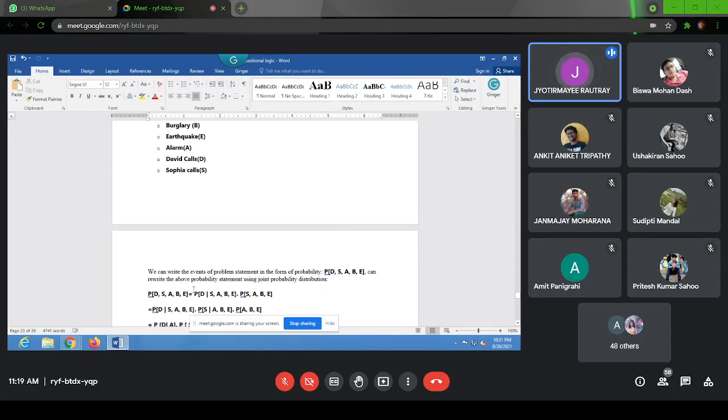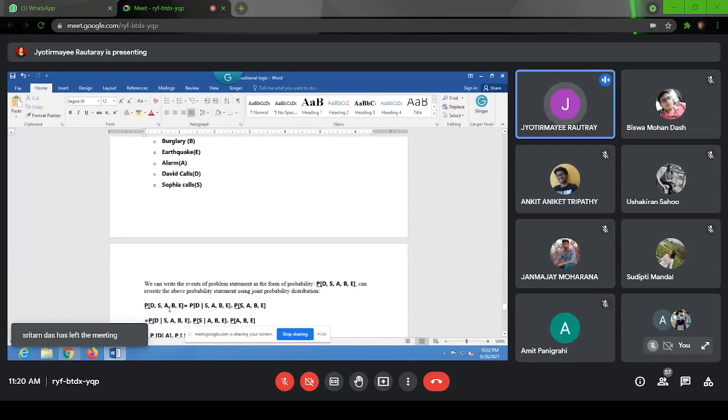Okay, then what we know, probability of D. You have to find the result of this one first. Probability of D S A B E equals probability of D given that S A B E has already occurred.